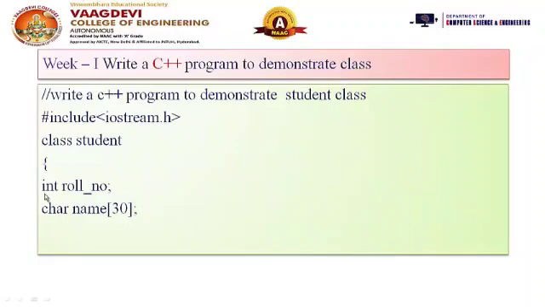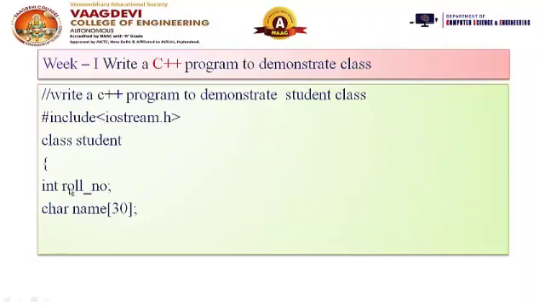In the next statement, inside the class, I am declaring the data members roll number and name. Here I have not declared any access specifier. So by default the roll number and name are private data members.